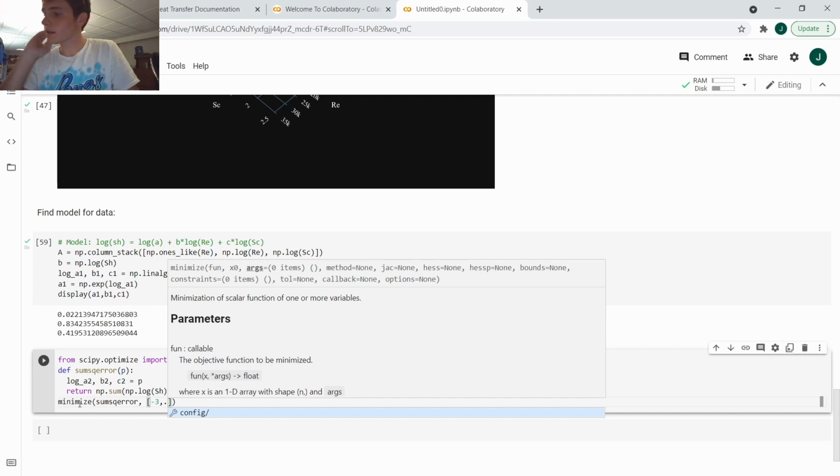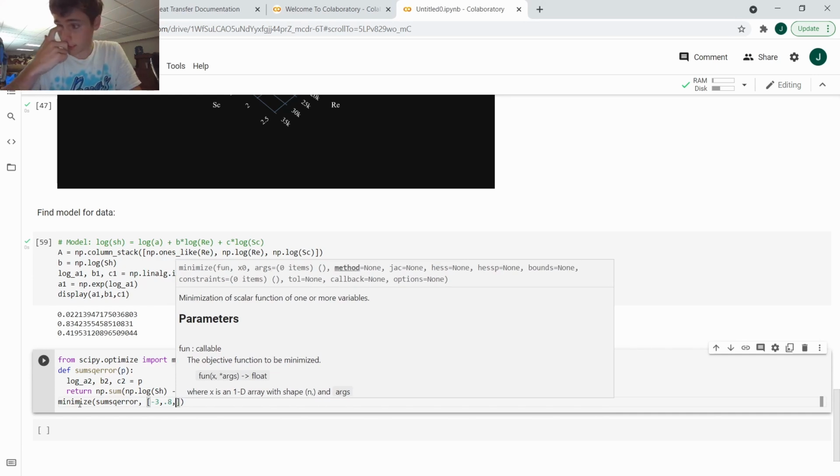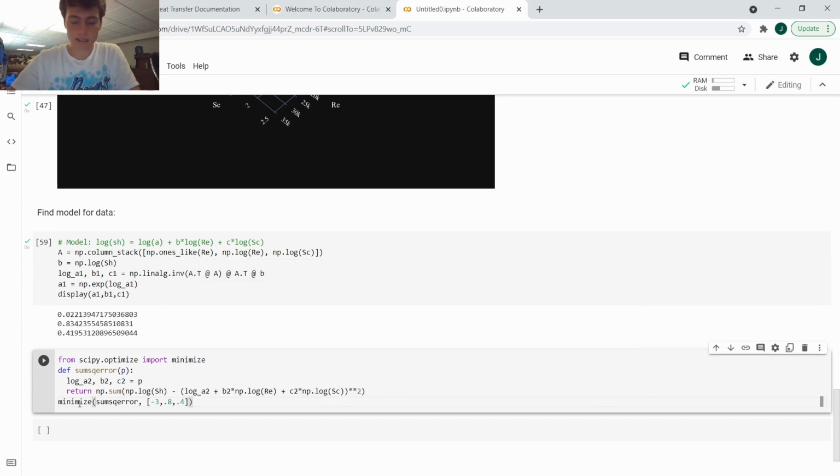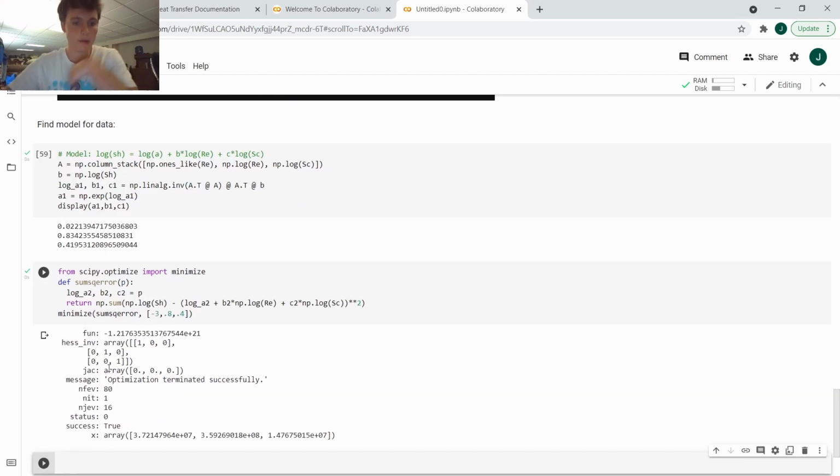Based off what Sherwood and Gilliland came up with, we'll use those as approximations, so 0.8 for B, and 0.4 for C. And let's see if it returns anything. Optimization terminated successfully.